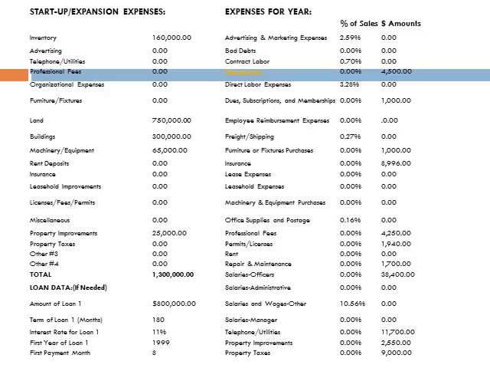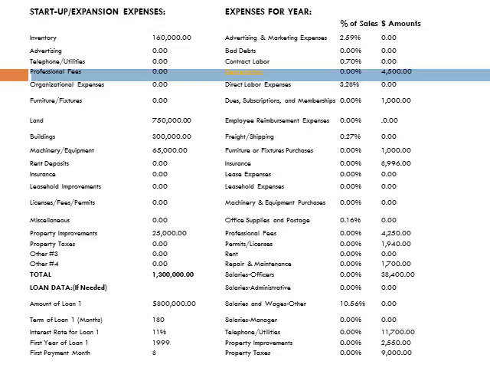Here's another example of an expense report. This one is showing the startup and expansion expenses before any widgets are even sold. And this is an important piece of the puzzle because it is showing some realistic costs that are going to put you in debt before you even start selling anything.